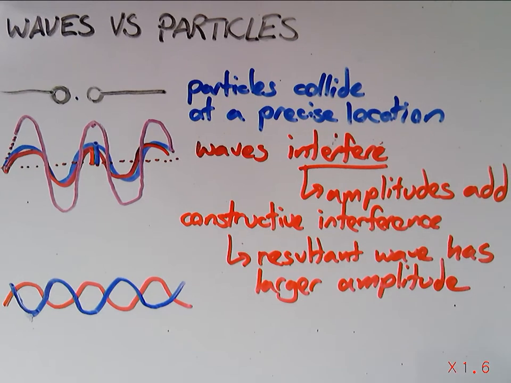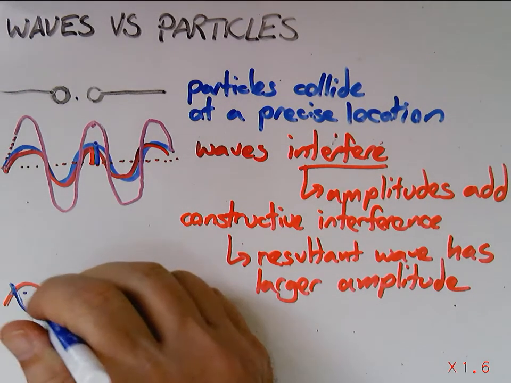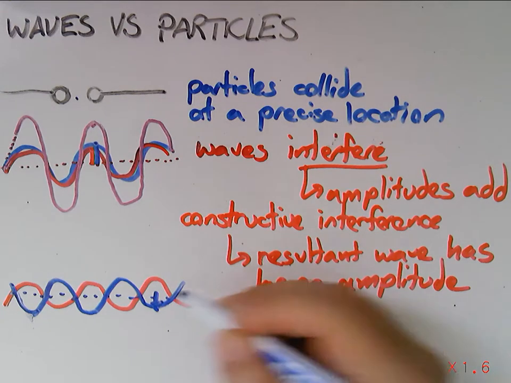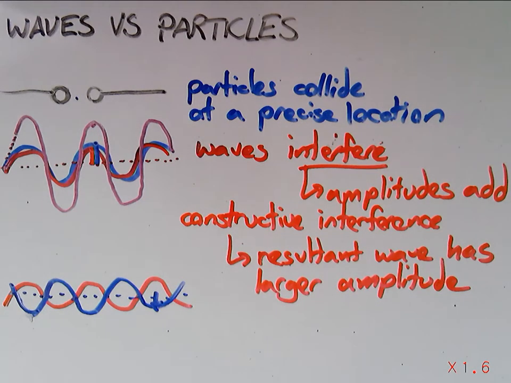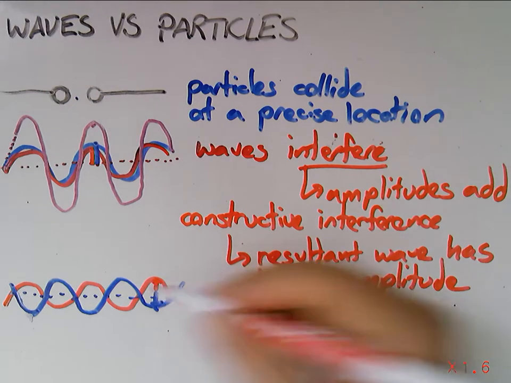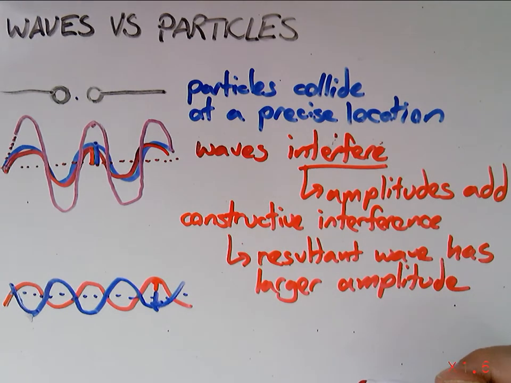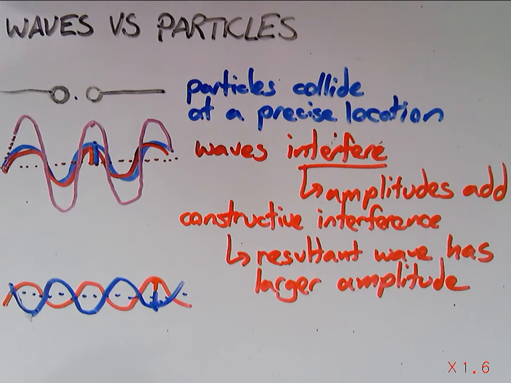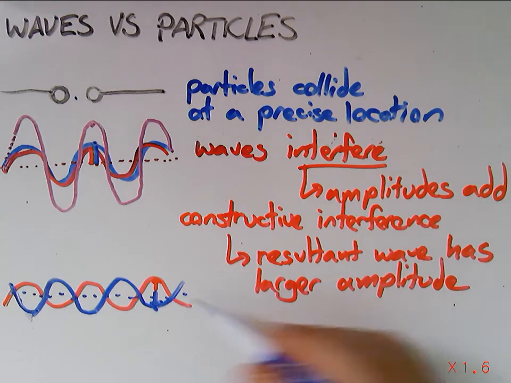And what's going to happen here? Here's where the baseline would be. Blue wave is tugging down, and red wave is tugging up. So they're going to cancel each other out. Here in this case, both of these waves have the same amplitude. So their amplitudes are equal and opposite, and they're going to just really kill each other off.